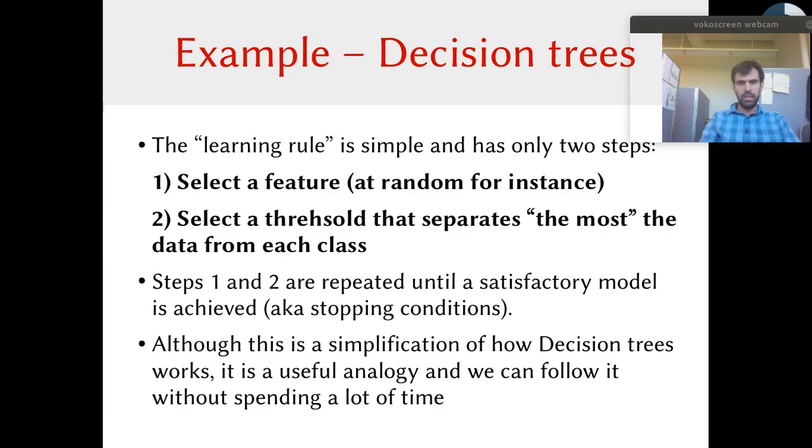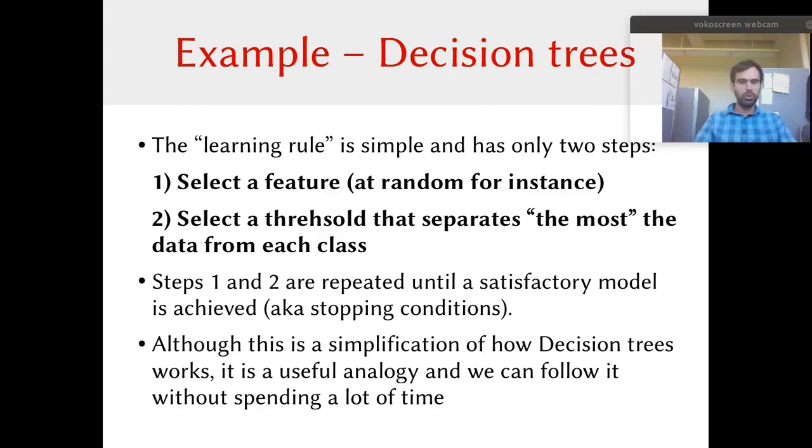You first select a feature at random, for instance, and then you select a threshold that separates the most the data from each class. Of course, all the math of the algorithm is hidden behind the words "the most." We will do it intuitively.